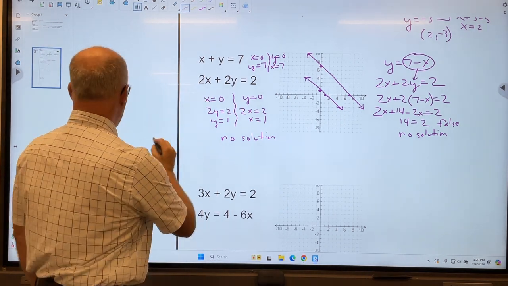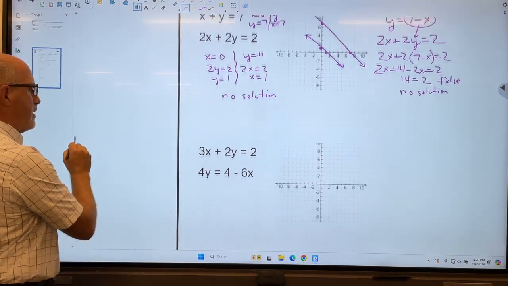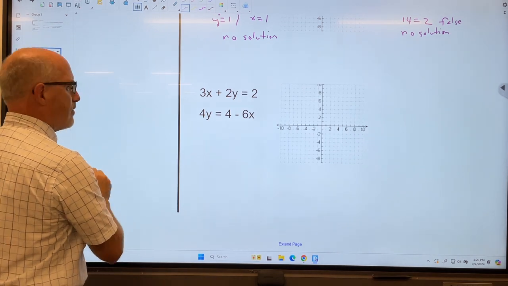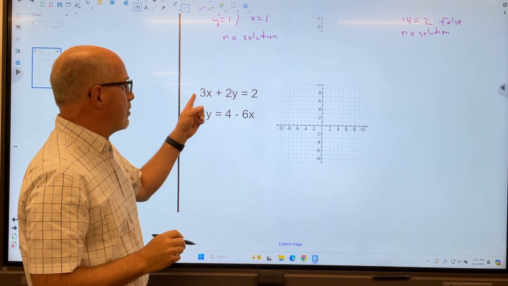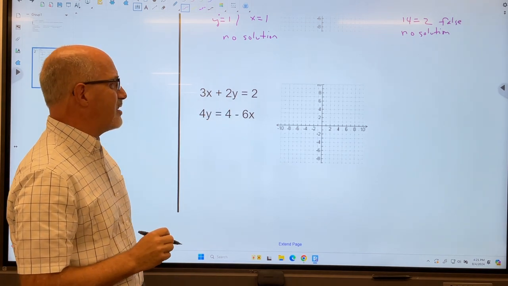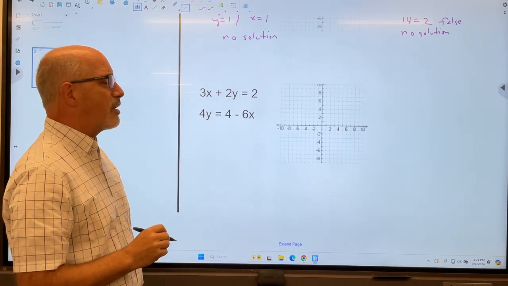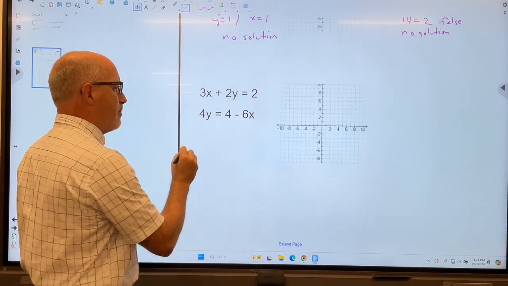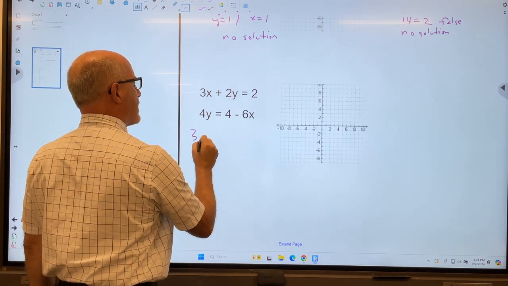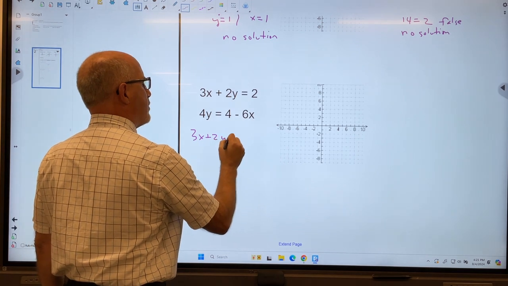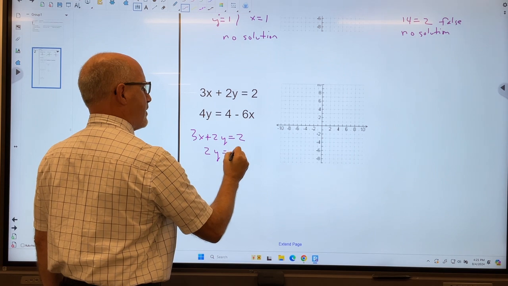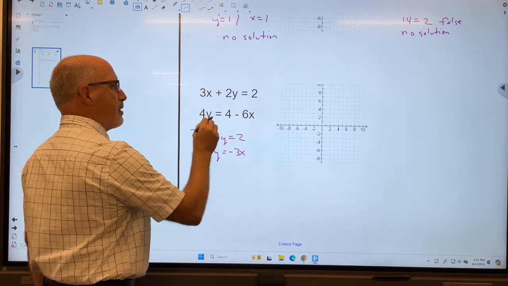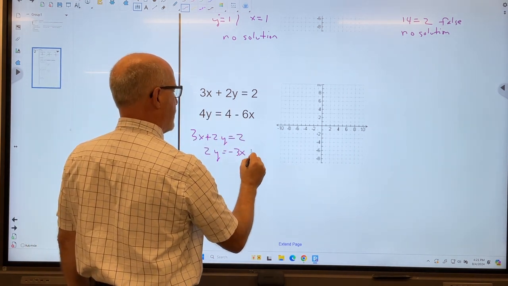All right, let's try the last one down here. First of all, we're going to do it by graphing. Looking at this one, it will give me some fractions, so I'm going to do this one in slope-intercept form. So I'm going to go 3x plus 2y equals 2. I'm going to subtract 3x from both sides, and then I'm going to have the plus 2.